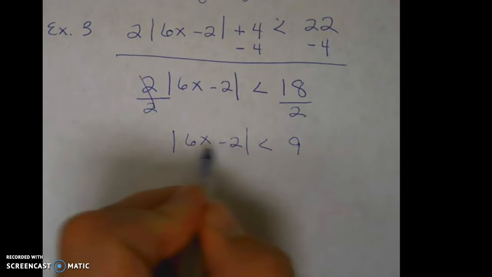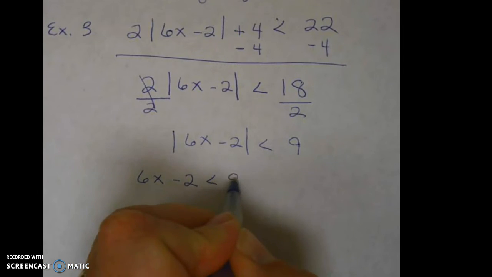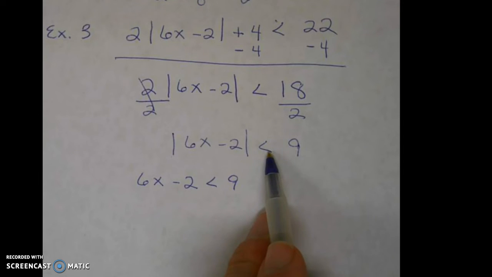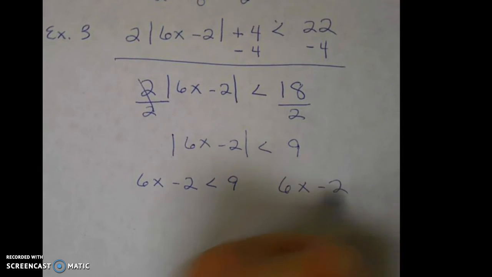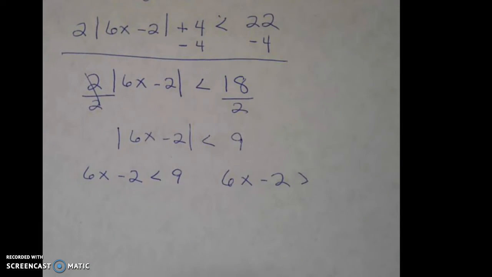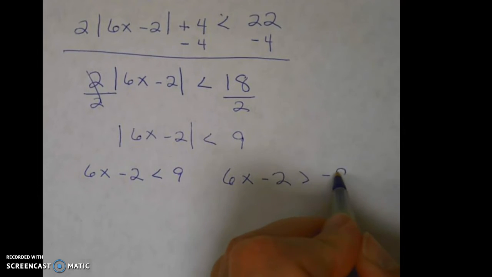So our first inequality, 6x minus 2 is less than 9. And then on the second inequality, the inequality changes and the number changes to negative.